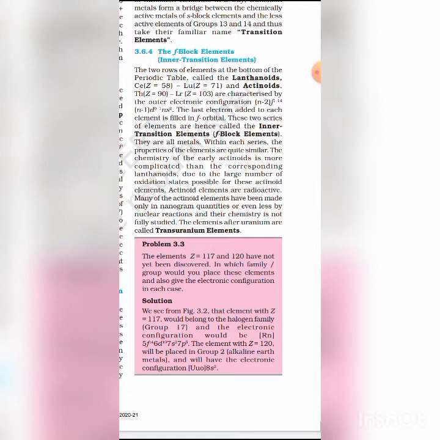Their general electronic configuration is (n-2)f1 to 14, because the maximum electron holding capacity of the f orbital is 14. So it is progressively filled from 1 to 14. The general electronic configuration is (n-2)f1 to 14 (n-1)d0 to 1 ns2.